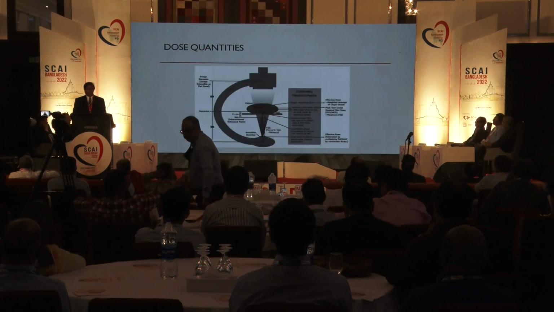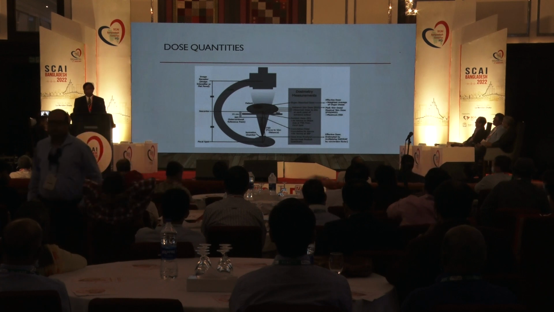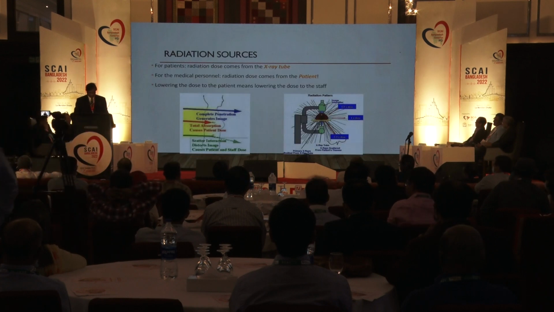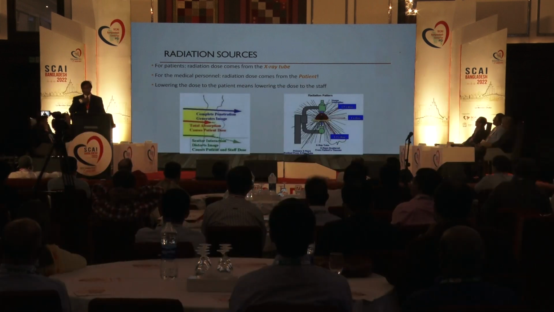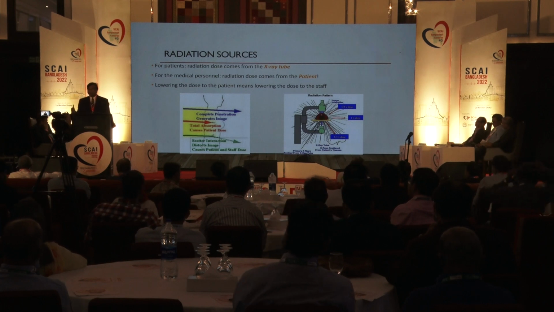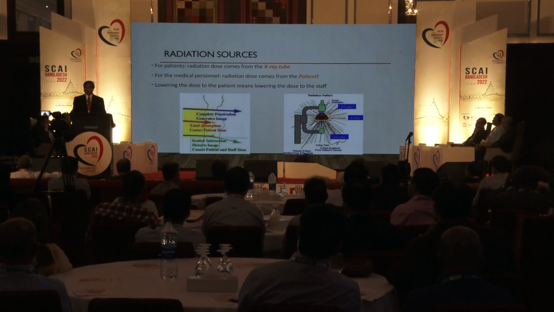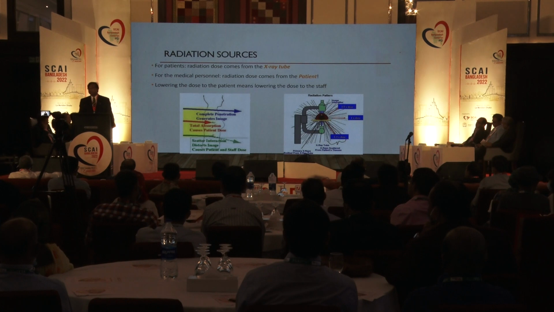And you need to understand what the sources of radiation are. The patient is the biggest source for us. Another important question for the board exam: for the operator and the assistants inside the room, the biggest source of radiation is the patient, not the radiation tube itself, because it is scattered.